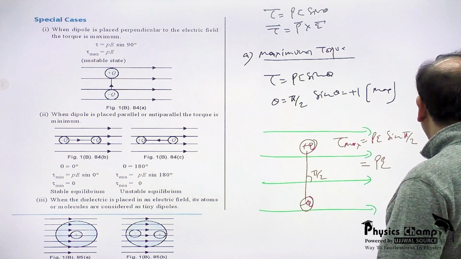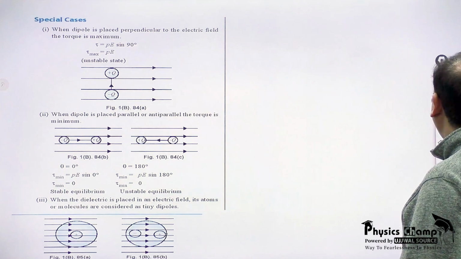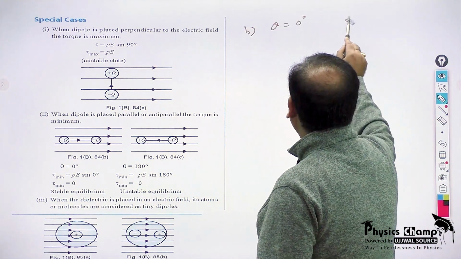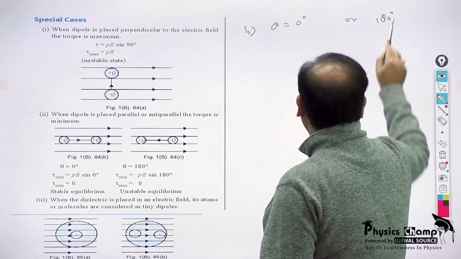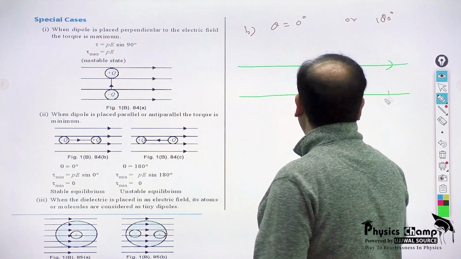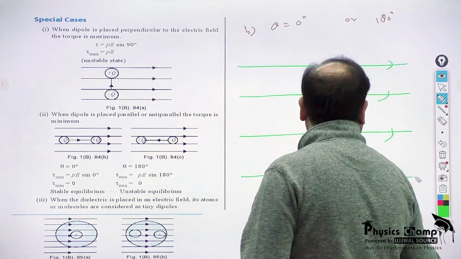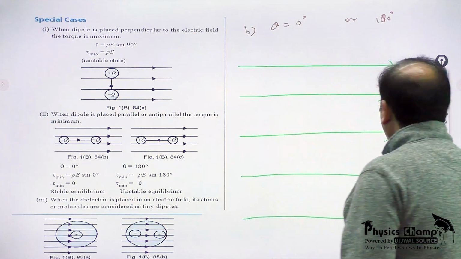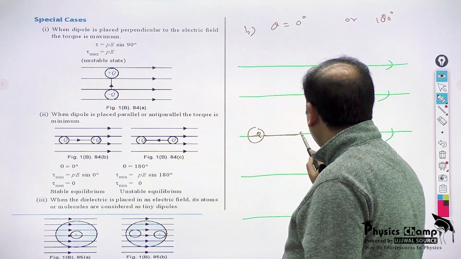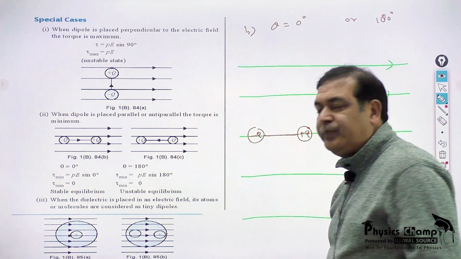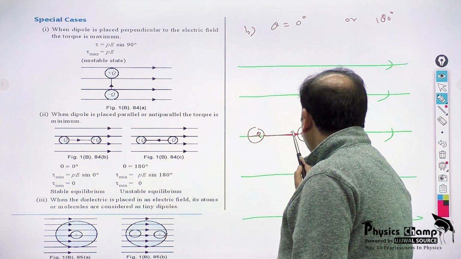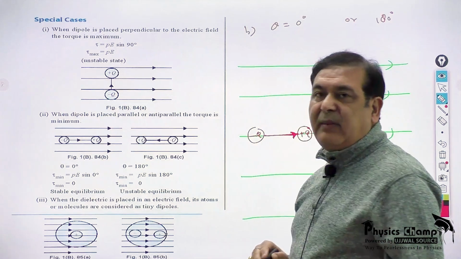Next situation, what will happen when theta is 0 degree or 180 degree? It means in a uniform electric field, you have a dipole, maybe minus Q and plus Q like this. In this situation, the dipole moment is here and the electric field is also in the same direction.